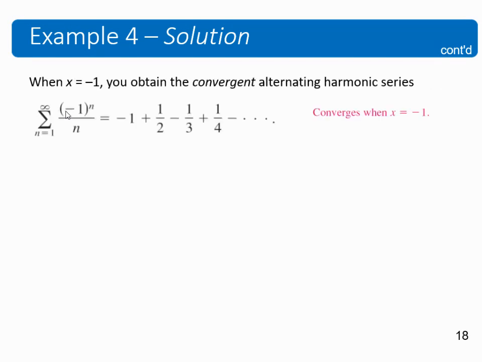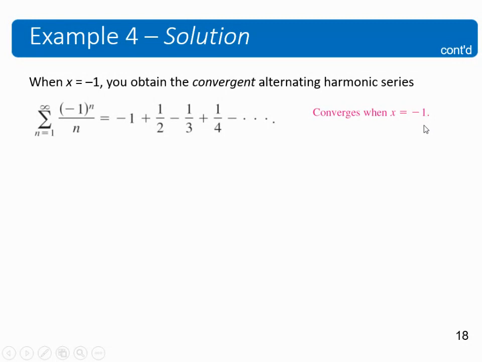Now when we test x equal to -1 into the same series, it can be rewritten then as the sum of -1 to the n power over n, which is an alternating harmonic series, which we've explored before, or you can just go ahead and do the alternating series test, and you will find out that it converges.